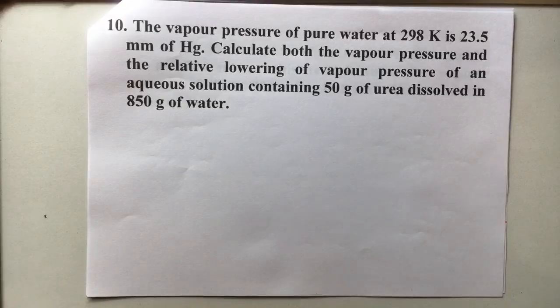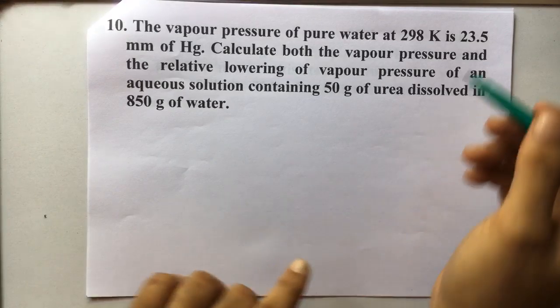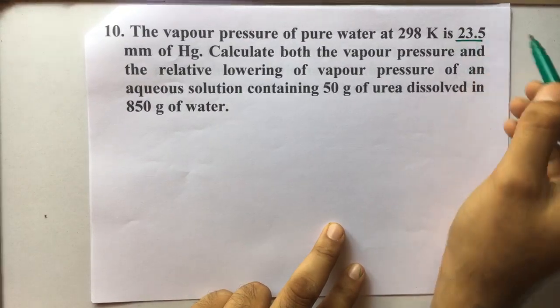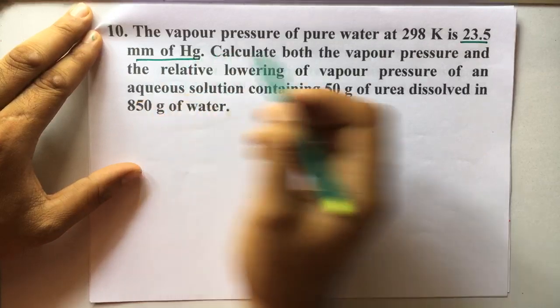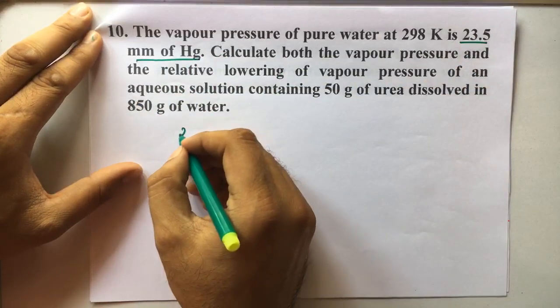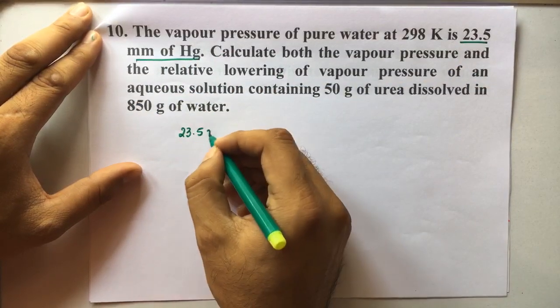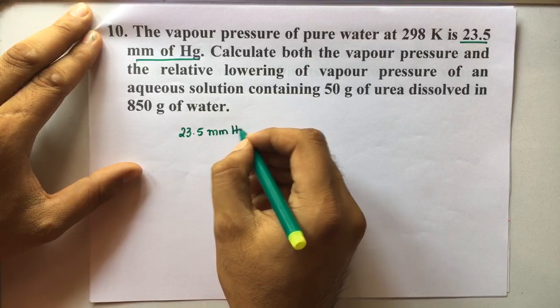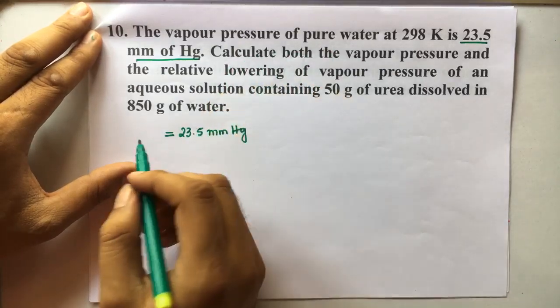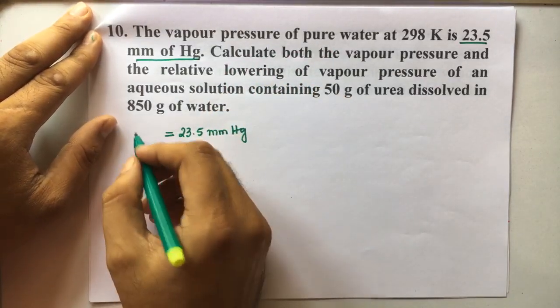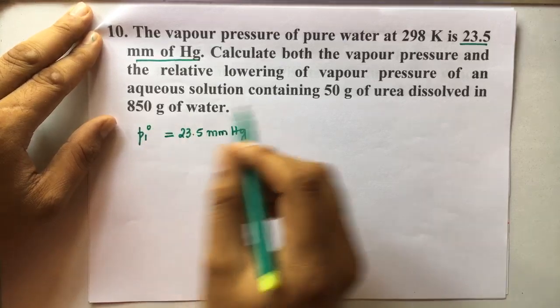Read the question. The vapor pressure of pure water at 298 Kelvin is 23.5 millimeters of mercury. What is this 23.5? 23.5 millimeter of mercury is nothing but the vapor pressure of pure water. Water is usually used as a solvent, so this should be P1 naught.